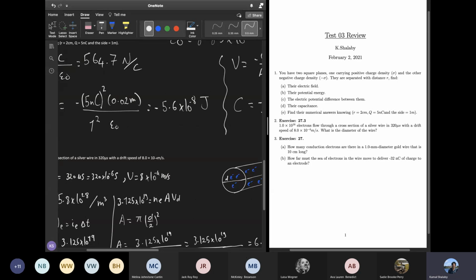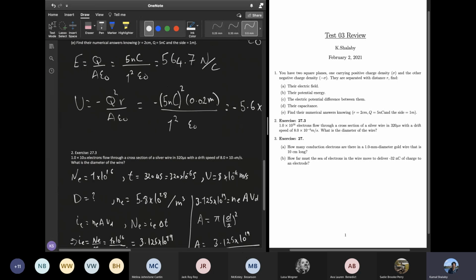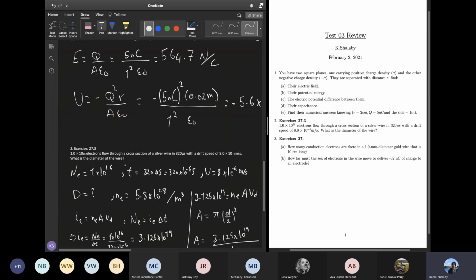It also gave us how long that took, 320 microseconds. And they also have a drift speed of 8 to the power of -4, which we have here.